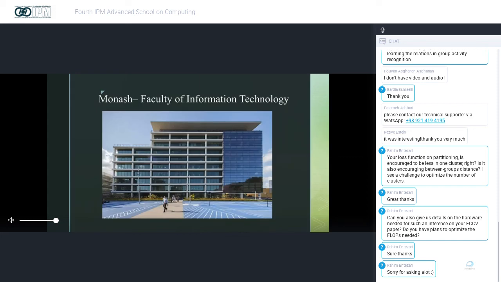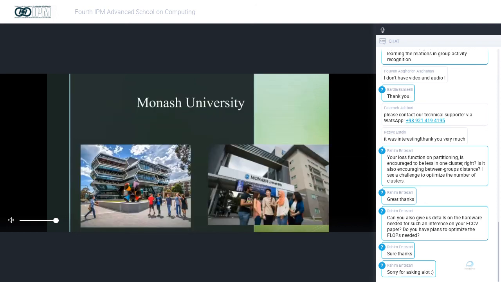Just a bit about Monash University. The group I have is located in the Faculty of Information Technology at Monash University, Melbourne, Australia. Monash is one of the Group of Eight universities, the top 8 universities in Australia, and it is the only university with a faculty for information technology. My lab will be located in the Department of Data Science and AI. Monash is the second biggest university in Melbourne.